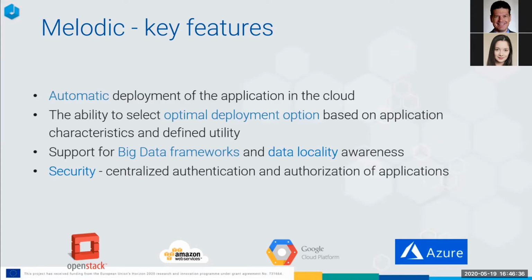So it supports a single secure authentication of the application user and ensures that only these authorized users can deploy your application to the cloud. And it's built to be enterprise ready. By that we mean it should be highly available, and Melodic itself is scalable so that you can ask it to deploy complicated applications or simple applications.